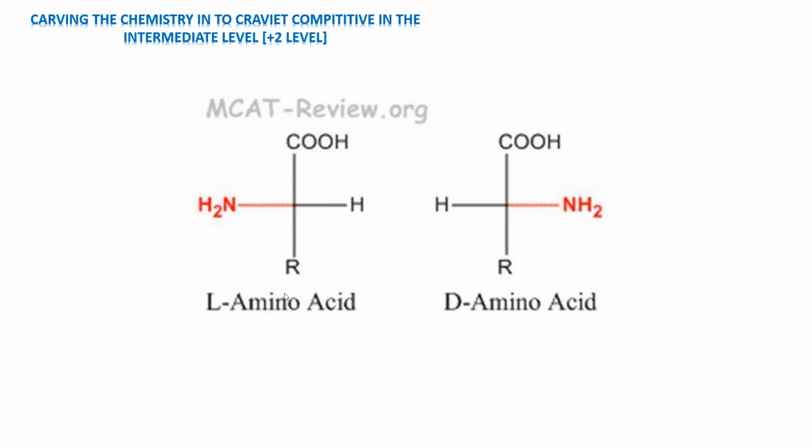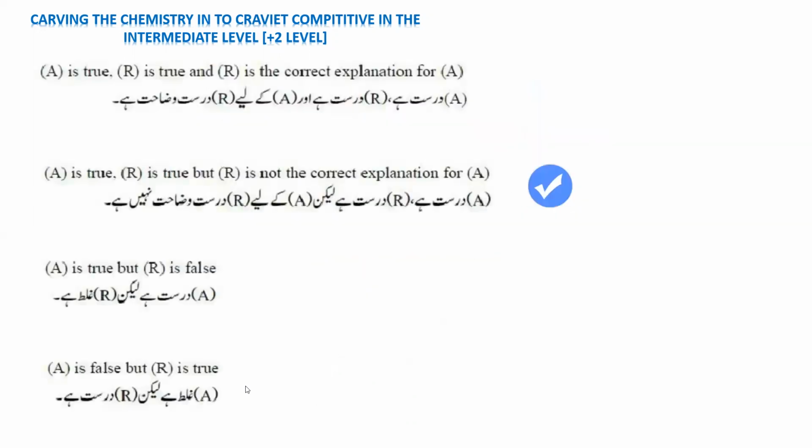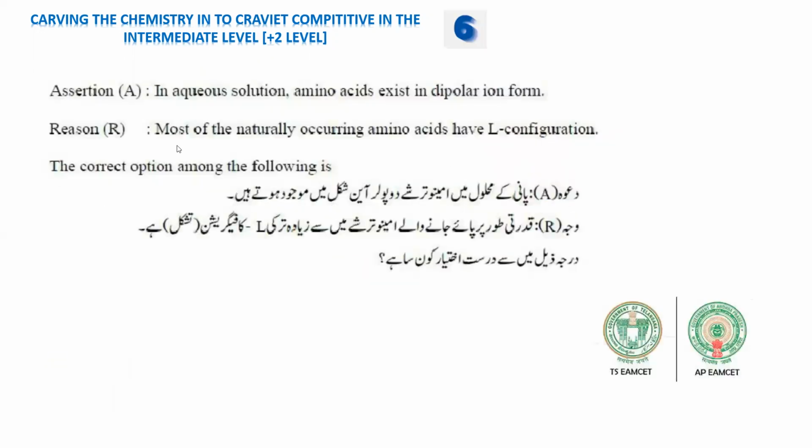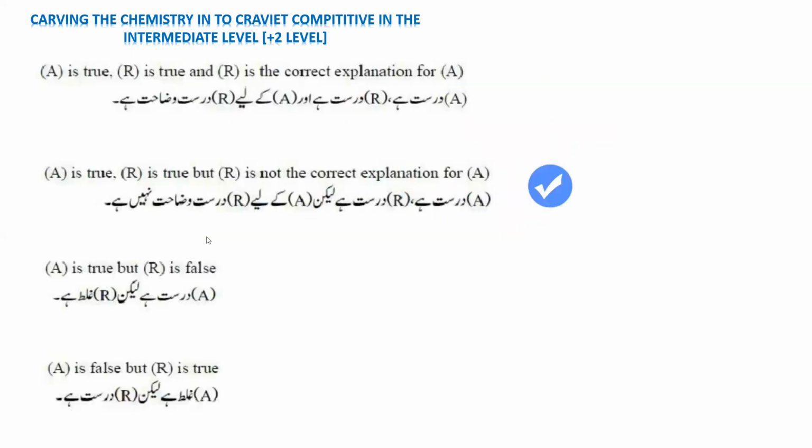Most of the carbohydrates are D configured, and most of the amino acids are L configured, right? So that's the reason why A is correct, R is also correct, but R is not a correct explanation for A. Both are not justifiable, right?